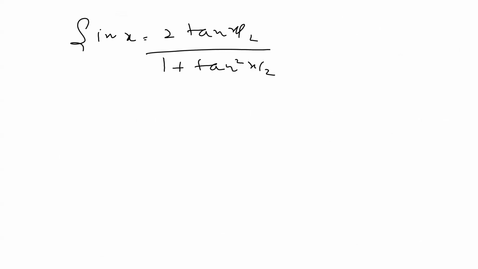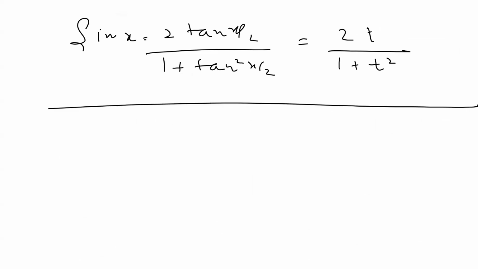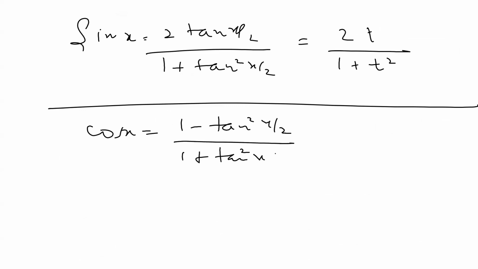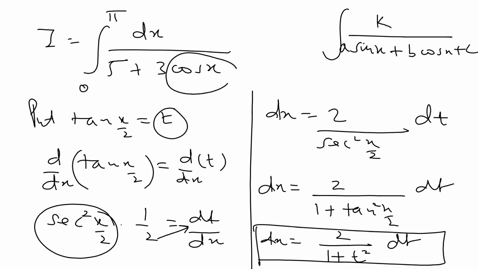Now in such type of problems, sin x is equal to 2 tan x by 2 upon 1 plus tan square x by 2, so this will be 2t upon 1 plus t square, and cos x is 1 minus tan square x by 2 upon 1 plus tan square x by 2, that is 1 minus t square upon 1 plus t square. In our problem, there is only cos term.